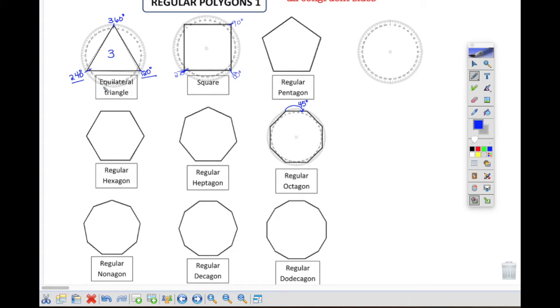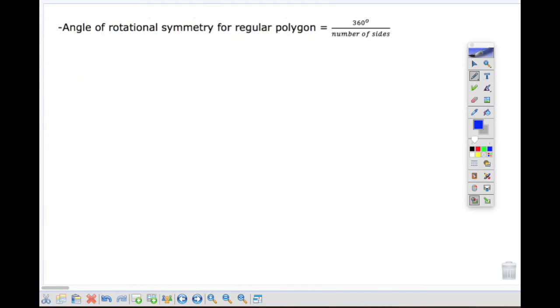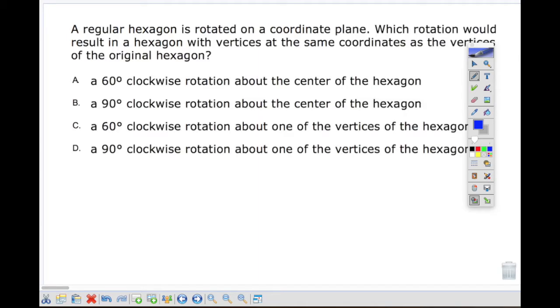Okay, and so in order to find the angle of rotational symmetry, you take this circle 360 degrees and divide it by the number of sides, which is like dividing it by the number of corners, basically, because that's what we looked at rotating. Let's do some example questions.